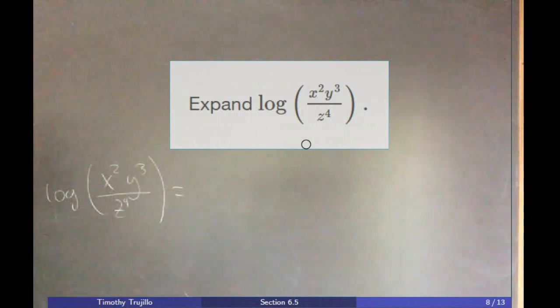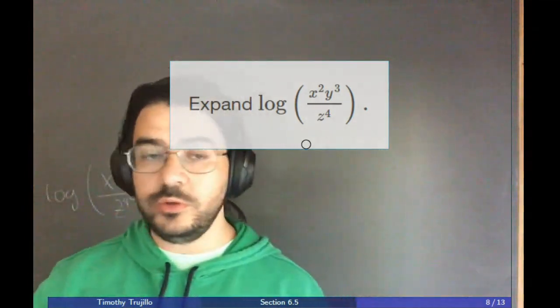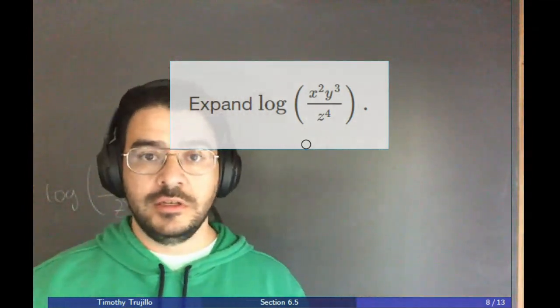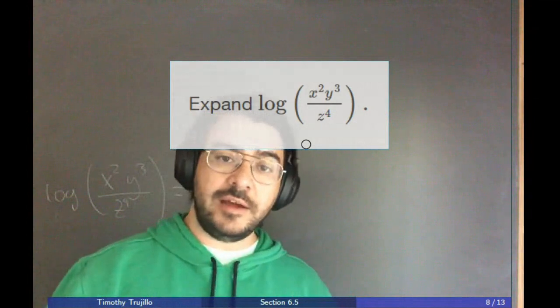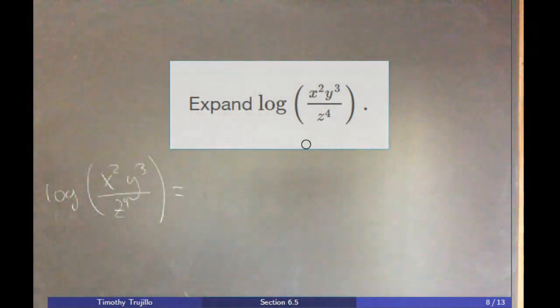And like I said, you may be able to just look at this and write down the answer, but I would really try to avoid doing that because it's easy to make a mistake that way. And if you show me all of the steps in between, like we're going to do here, then on an exam, if you do make a mistake somewhere, then we can give you some partial credit, right? So you can show me that you know the properties of logarithms.